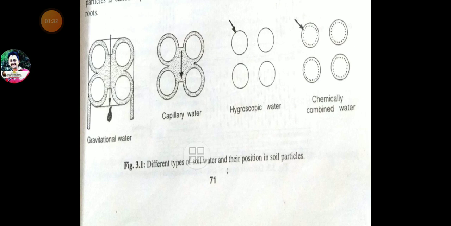So friends, as we have learned the importance of water in the last lecture, that water is nothing but the soil water. Underline this word, soil water. That soil water is the most important constituent of the soil because it provides the medium for the absorption of minerals and organic matter by the roots and also activates various enzymes and metabolic processes in the plant itself.